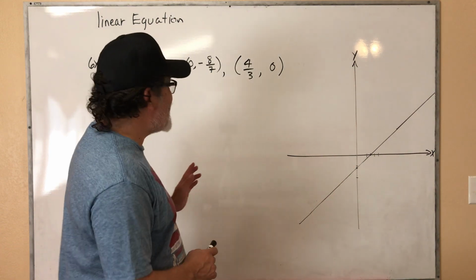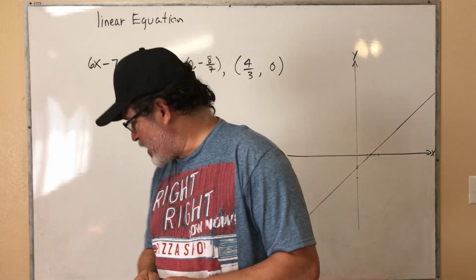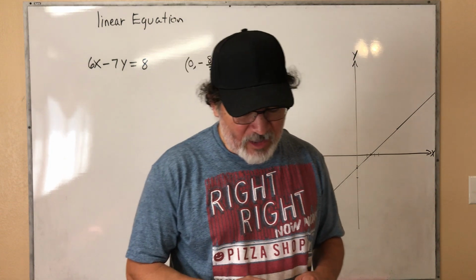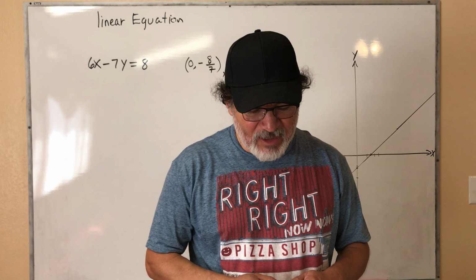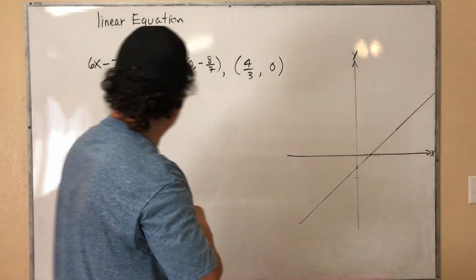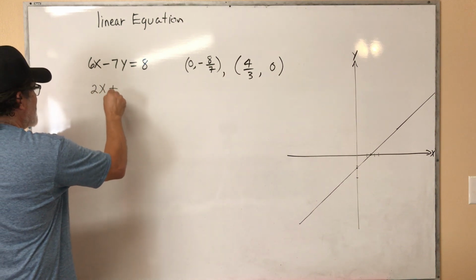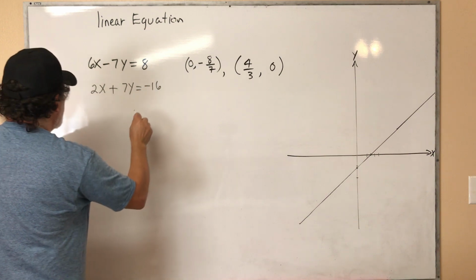So let me include another equation. The other equation is this: 2x plus 7y equals -16.